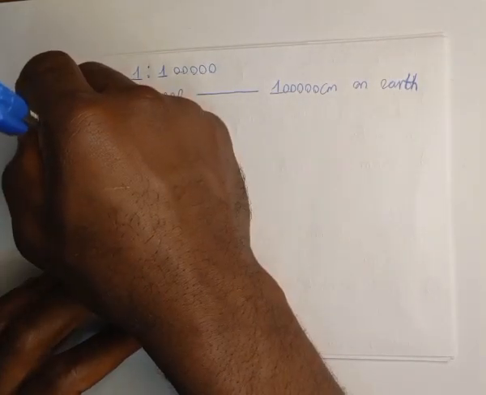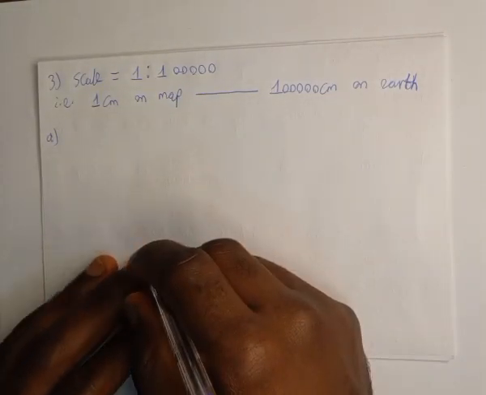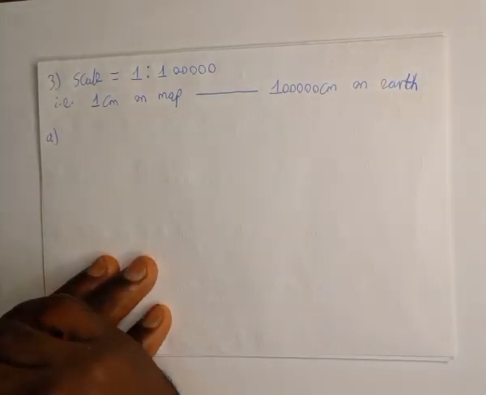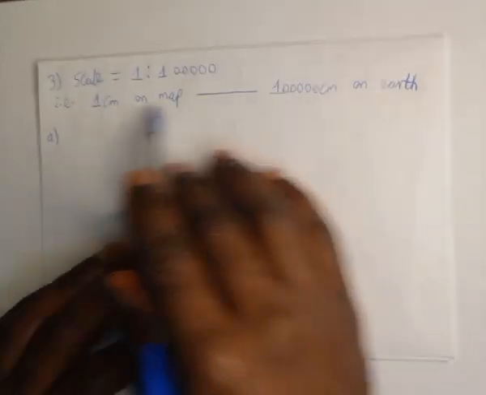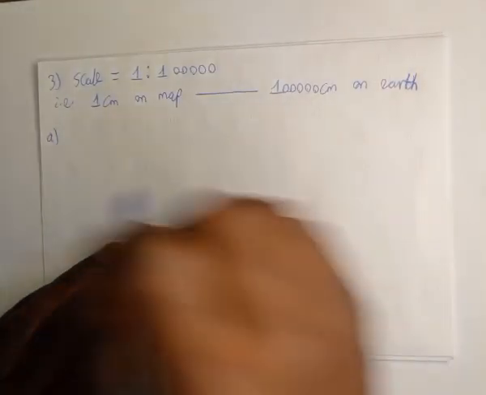For question A, we are to find the length represented by 450 centimeters on the map in centimeters on Earth. We multiply both sides by 450.